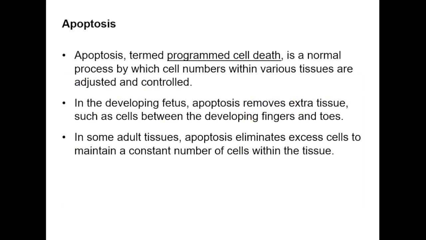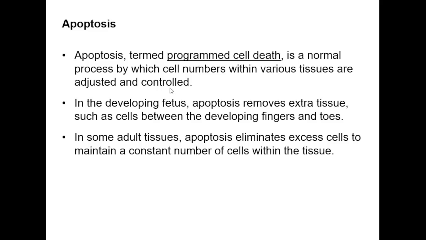Lastly, if we have abnormal cells, such as your tumor cells, our body will schedule them for apoptosis. What is apoptosis? Programmed cell death. So it is a normal process in which cell numbers are adjusted and controlled.